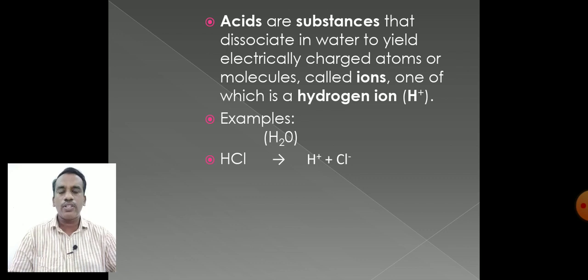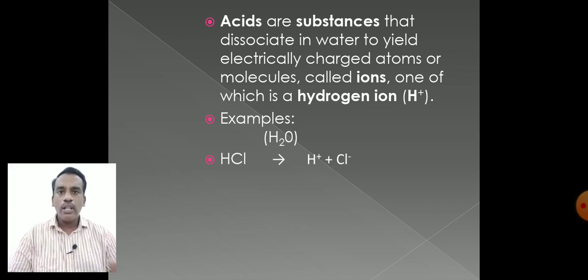So here the definition is: acids are substances that dissociate in water to yield electrically charged atoms or molecules, called ions. Acids readily give which kind of ions, children? H plus ions. If you take an example, that is HCl, hydrochloric acid.